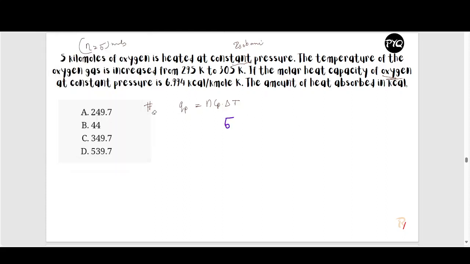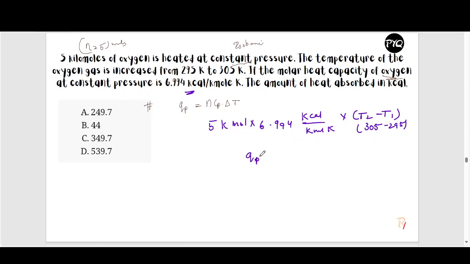So 5 kilomoles into the molar heat capacity at constant pressure, 6.994 kilocalories per kilomole Kelvin, into the temperature change T2 minus T1, which is 305 minus 295.